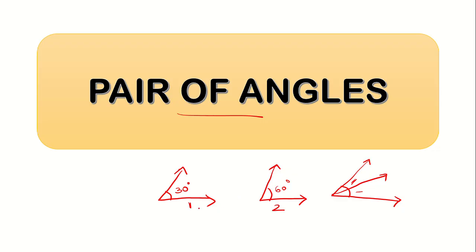Measuring the pair of angles is called pair of angles. We have different types of pair of angles and we will try to explore each type one by one. We'll see the definition. We'll solve few examples on different types for your better understanding. So let's see the very first type of pair of angle.